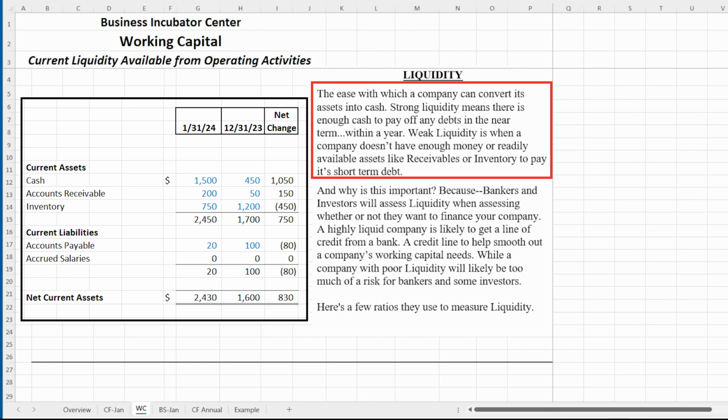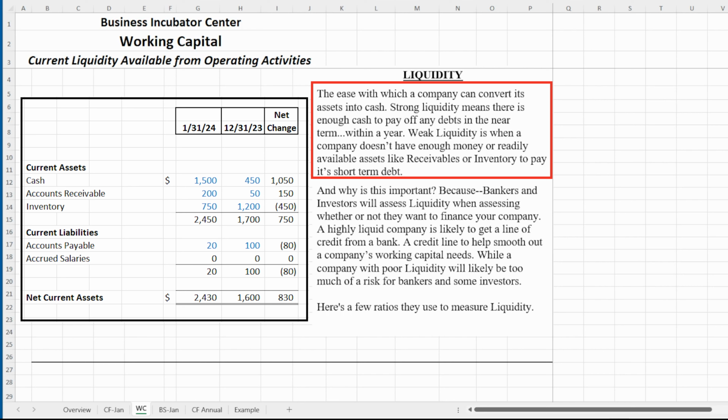What is liquidity? The ease with which a company can convert its assets into cash. Strong liquidity means that there's enough cash to pay off any debts in the near term, usually within a year.